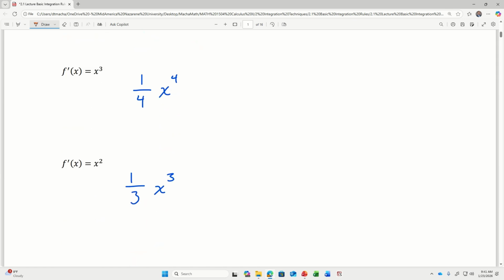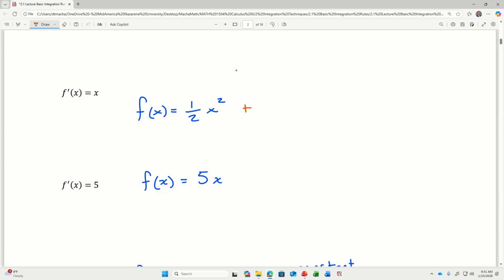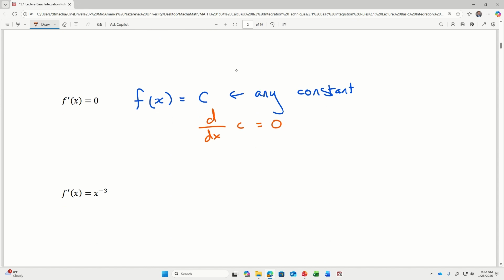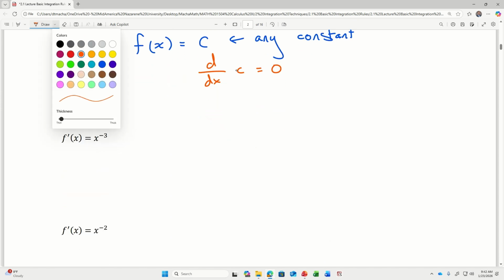While what we wrote down is correct, we could have also written down plus any constant, and it's still true, right? So to give a more generic answer that encompasses the set of all possible antiderivatives, we should really be adding a constant to each of these. But in any case, moving on.